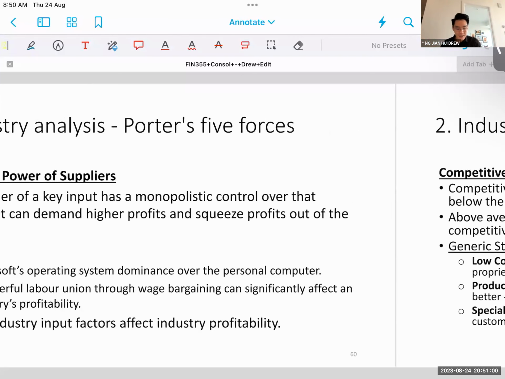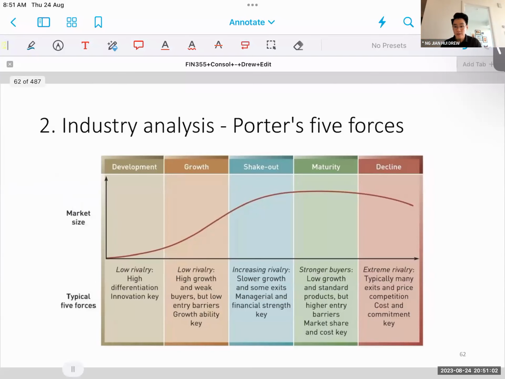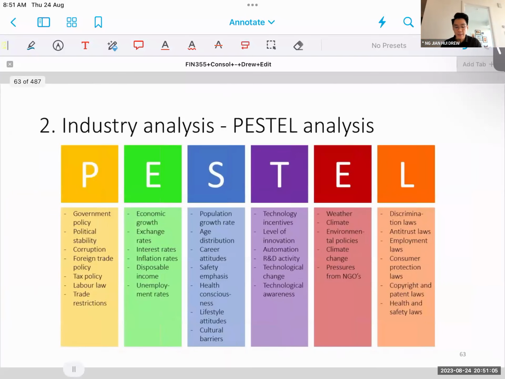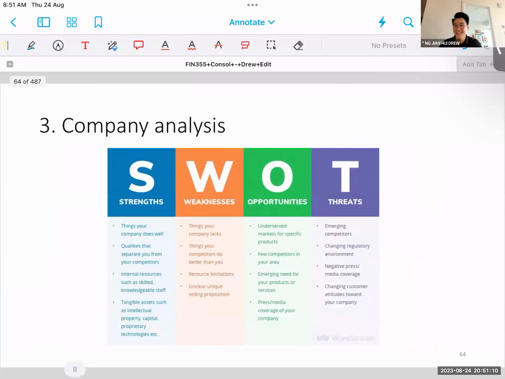All right. Just now I saw a comment, asking whether we will think about PESTLE. Yes, we need to identify PESTLE and also SWOT analysis. So again, I want to highlight that in a valuation report, you should not talk about PESTLE, Porter's, and SWOT, all three. No, you don't have to do it. You choose the best framework that you think works for your analysis and supports your analysis.